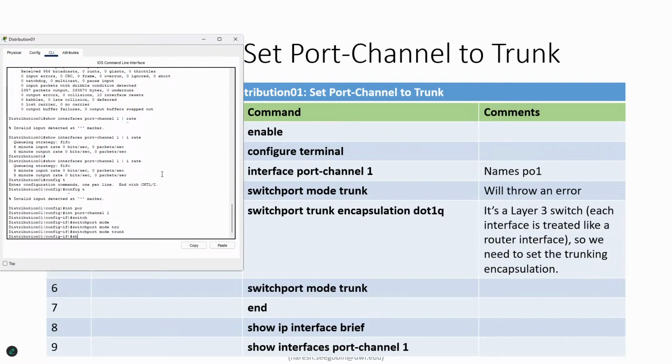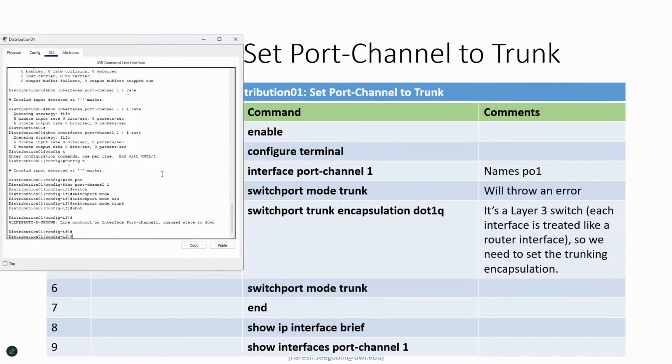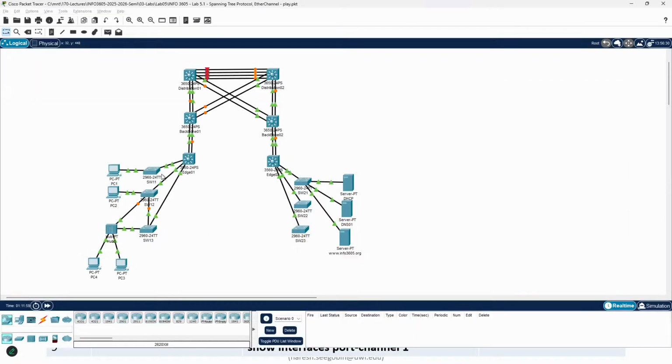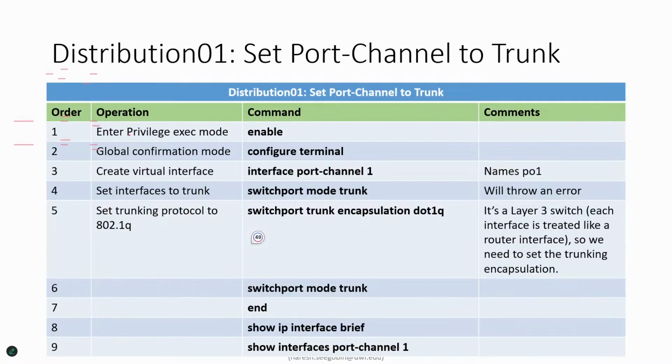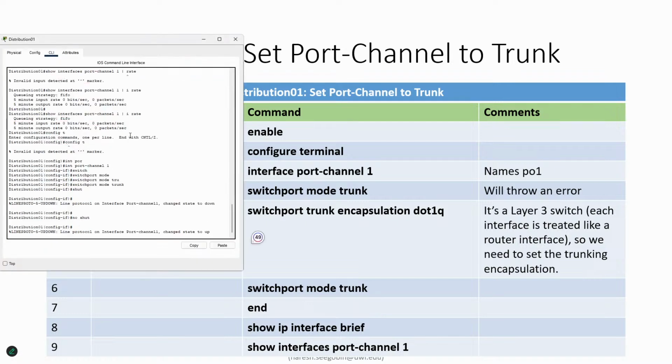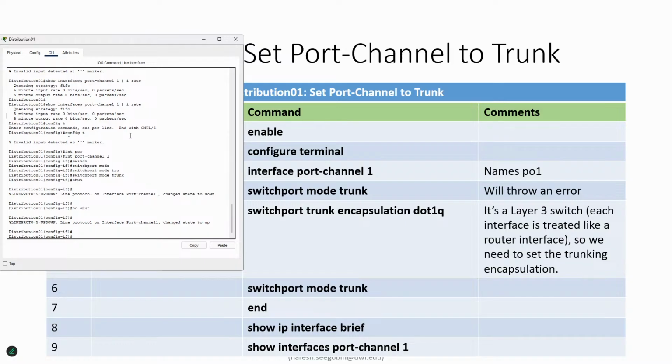Right, let's do a shut. Let's now check. Right, I shut down the port channel. All the ports related to this are down. That's already seen here. State up. Searches have been set, so I don't know why I'm doing all this.